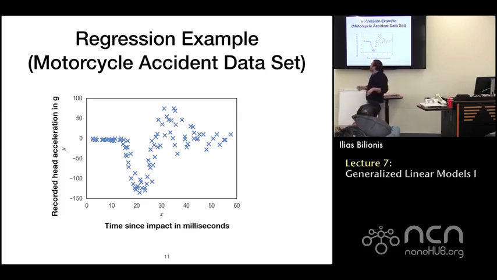And you kind of have a kink here. Also, at the beginning the noise is very small, but here the noise is bigger. So you have an input dependent noise. So it is a heteroscedastic noise.